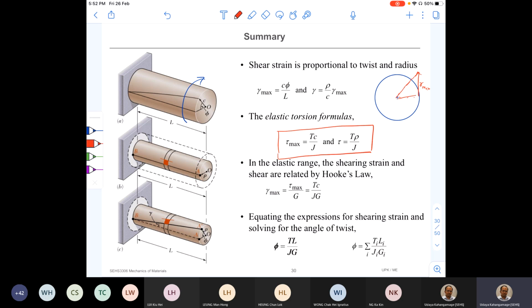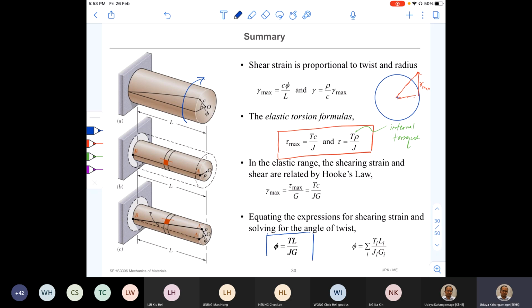And there I clearly mentioned that the torque here is the internal torque, which is not the external torque.